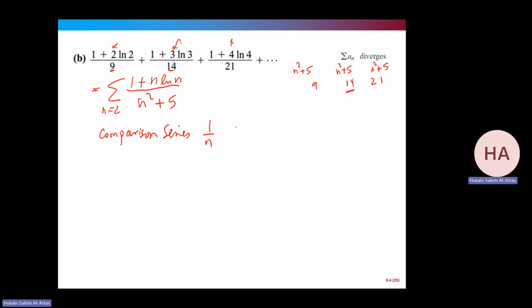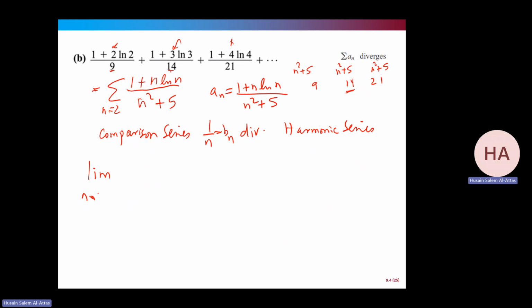I know this is the divergent harmonic series. So this is Bn, the divergent harmonic series. I'll do the limit. And An is 1 plus n ln n over n squared plus 5.